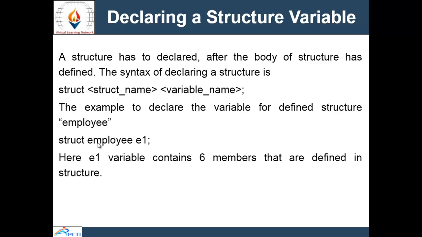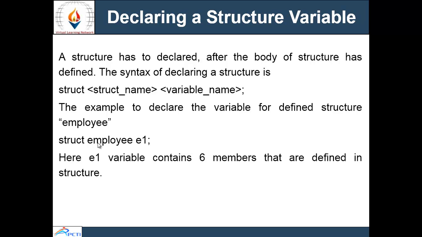Declaring a structure variable. A structure variable has to be declared after the body of the structure has been defined. So, the syntax of declaring a structure variable is struct, structure name, and the variable.